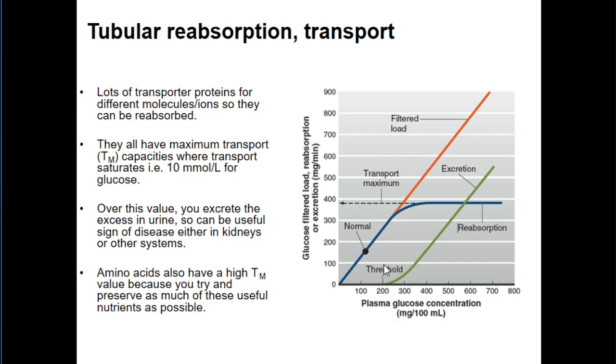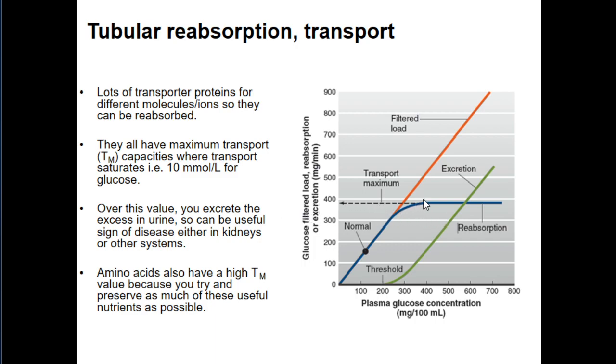And the relationship between plasma glucose concentration and the rate of glucose filtered, which is called filtered load, reabsorbed or excreted. So here you can see the dotted line. It shows the transport maximum, which is the maximum rate at which glucose could be reabsorbed.